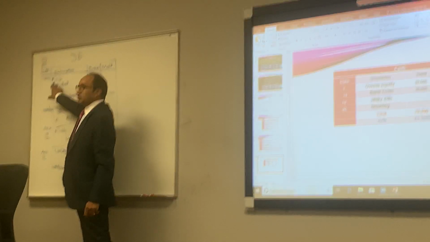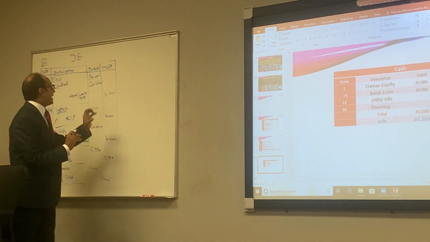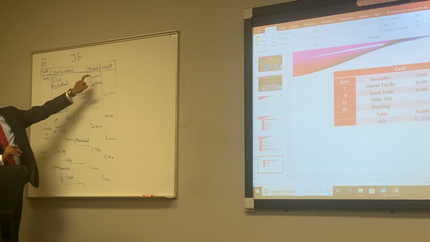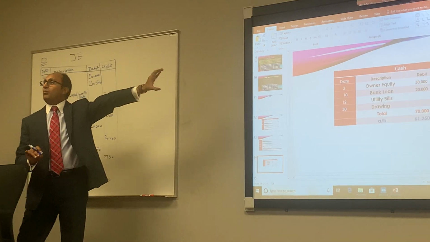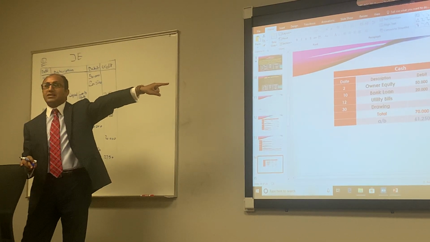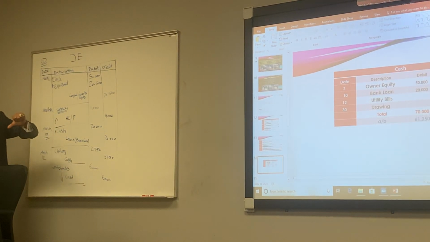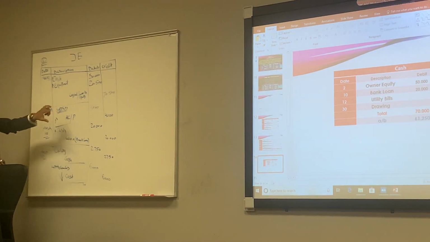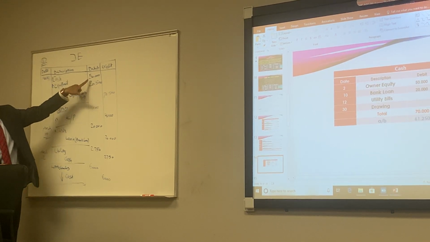So posting cash here, debit. I have to take the number in the cash on the debit side, copy and paste, and put it on the debit side too under the cash account. But in the description, I have to record the capital with $50,000.